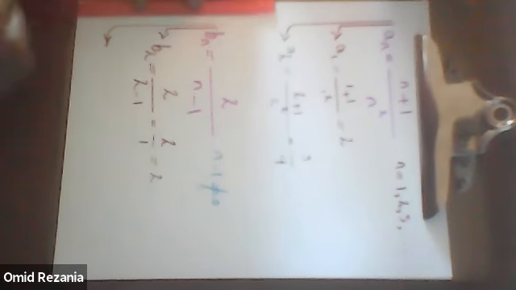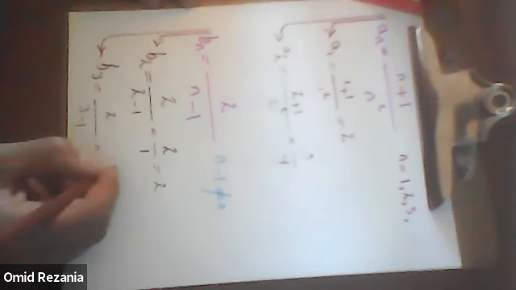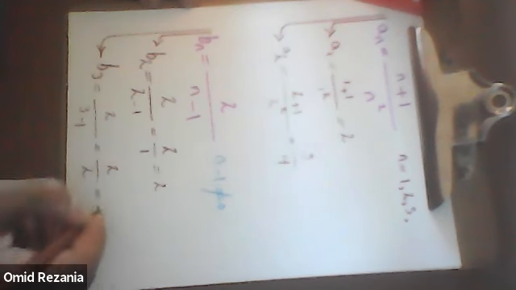Then we say that we do not have b_1. Instead, we start from b_2, which becomes wherever I see n, I substitute 2. 2 minus 1, becomes 2 divided by 1, which is 2. Correct, everyone? How about this? We have b_3. It means that wherever I see n, I replace it by 3. Becomes 2 divided by 3 minus 1, becomes 2 divided by 2, which is 1.